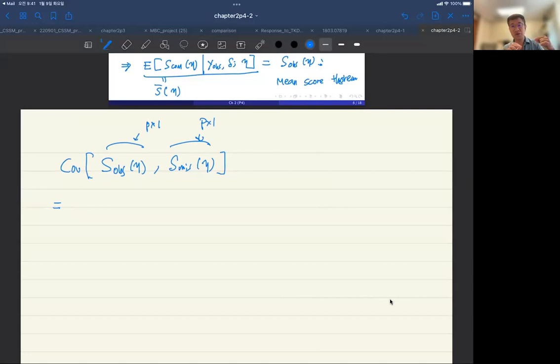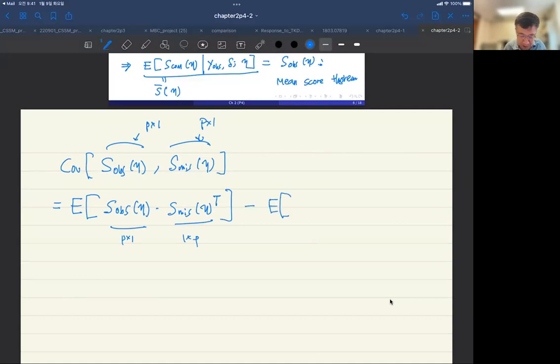So it is the variance covariance matrix of the random vector, essentially, right? So this is S obvious eta times S miss eta transpose, because it's a p times 1 and 1 times p, so that it becomes a p times p, right? Minus the expectation of S obvious eta and S miss eta transpose.